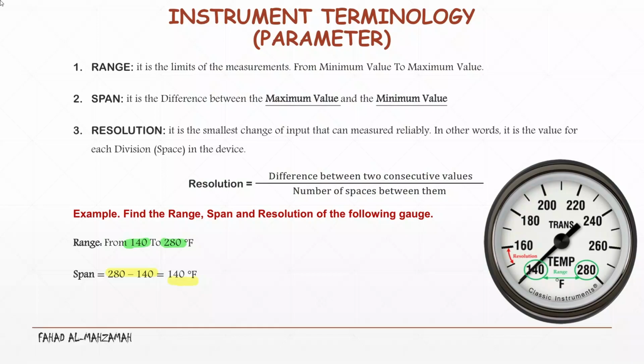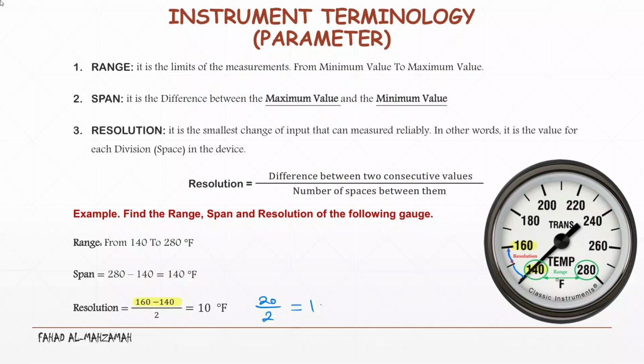Now, what about the resolution? As we said, you take two consecutive values. In this example, we take 160 and 140. We take the difference between them, which is 20, divided by how many spaces between 140 and 160. This is a space, and this is another space, so we divide by 2.